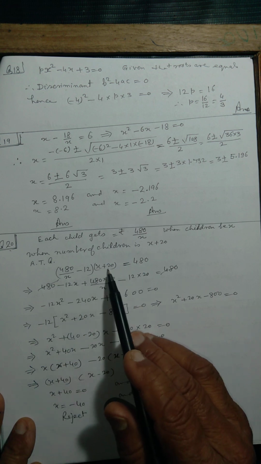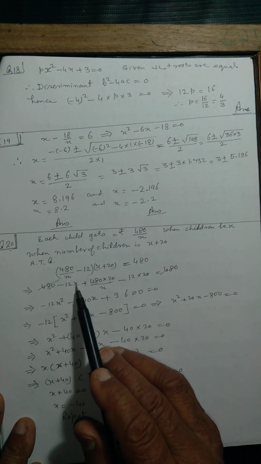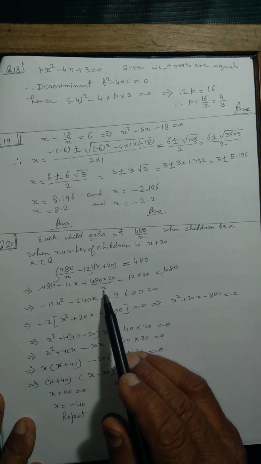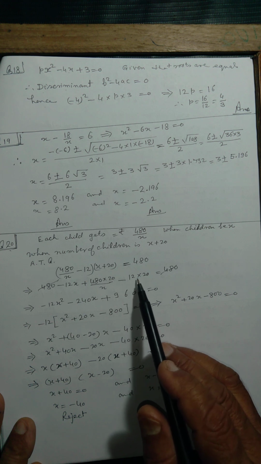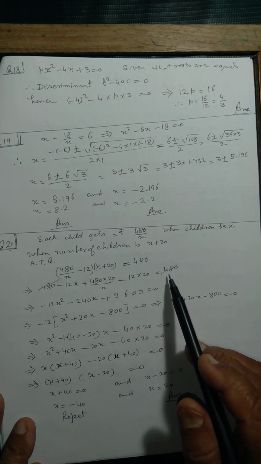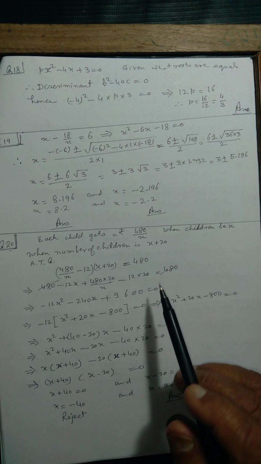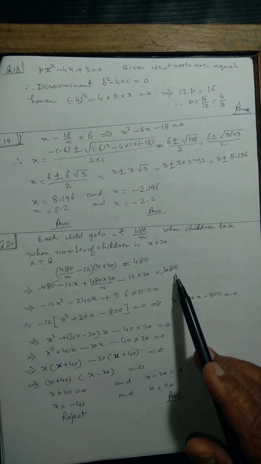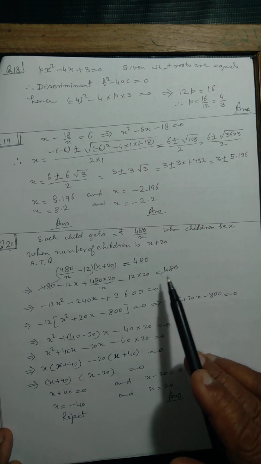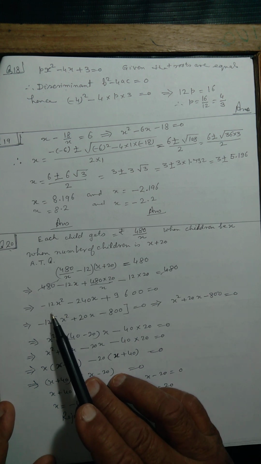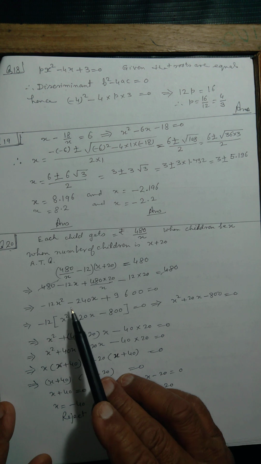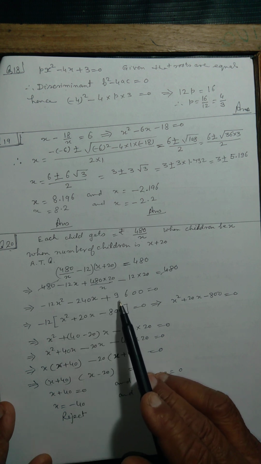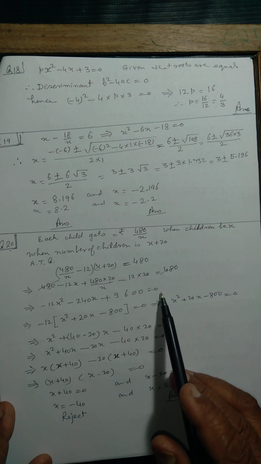Now open this bracket, we will get 480 minus 12x plus 480 into 20 divided by x minus 12 into 20 is equal to 480. You see, we have 480 on the left hand side and 480 on the right hand side. These two will be cancelled and we are left with minus 12x square minus 240x plus 9600 equal to 0.